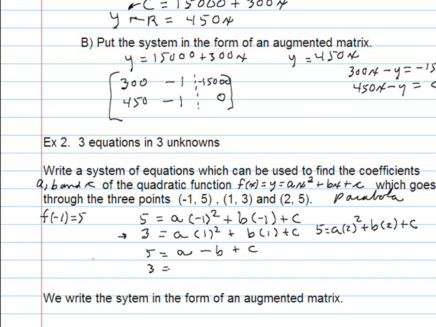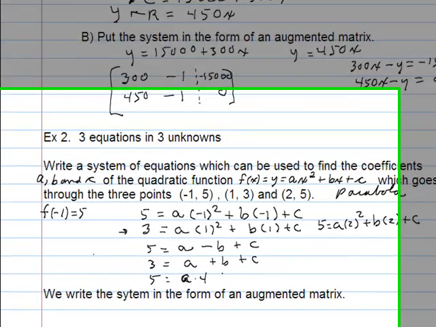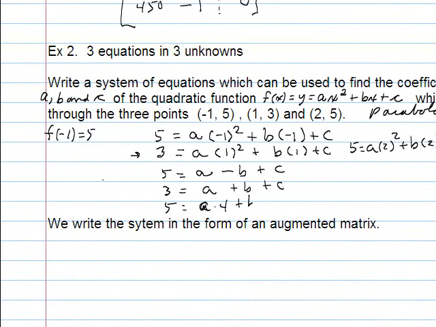I get 3 is equal to a plus b plus c, and from my last equation written over here on the right, I get 5 is equal to a times 4 plus b times 2 plus c.